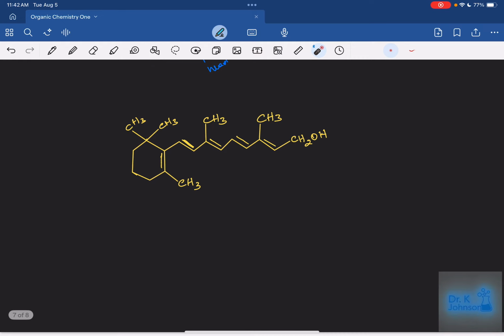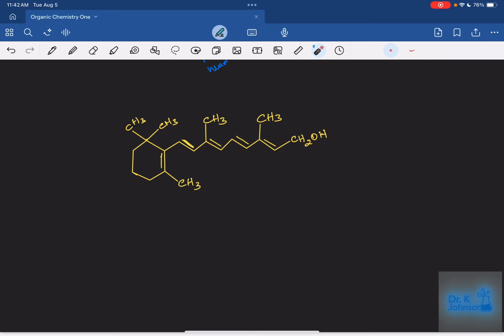This is vitamin A. So you get a question, and the question will ask you, is this a terpene? In order for it to be a terpene, you need to have two or more isoprene units bonded head to tail or tail to head. Sometimes the molecule in question is not a terpene.